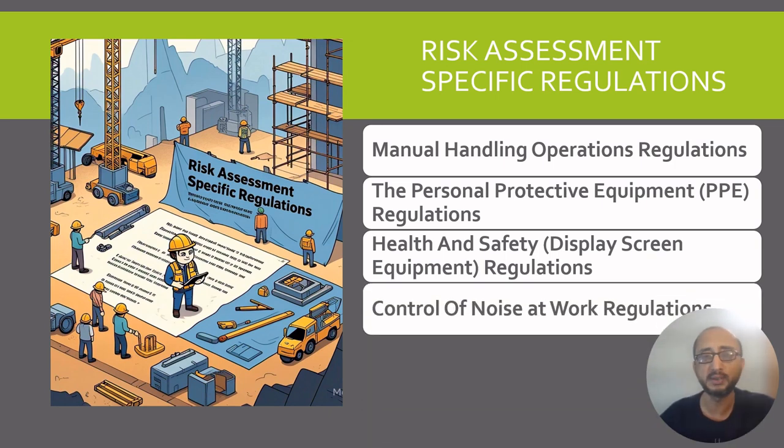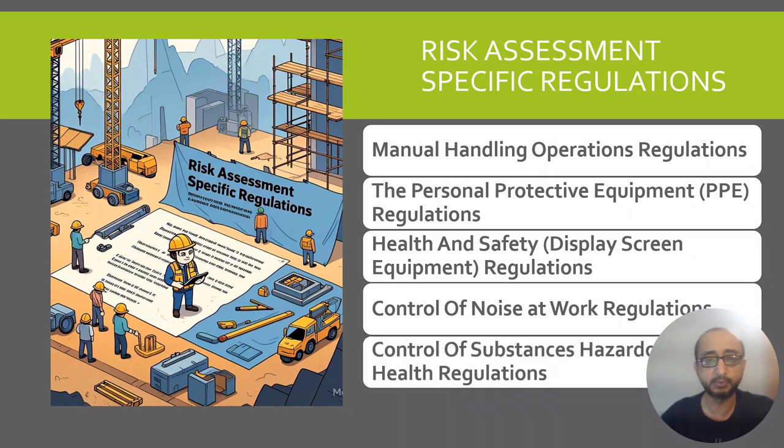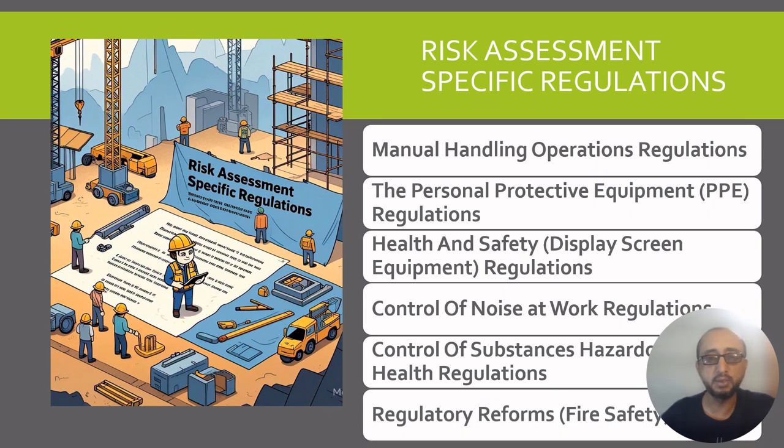Then the control of noise at work regulations address the noise issues and also give the criteria and principle for the risk assessment. Then the control of substances hazardous to health regulations address hazardous substances and give the risk assessment criteria. Then the regulatory reform fire safety order basically looks into fire related matters and sets the risk assessment principle.